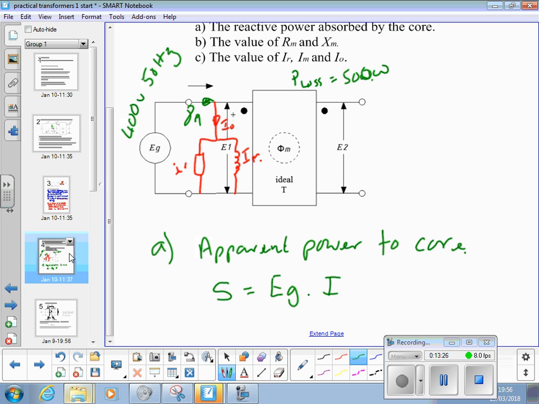I don't know why I've asked you to find the value of IO here, because that's actually given to you. That's the only current flowing, alright? IO. So that is 400 times 8 is 3,200 VA.